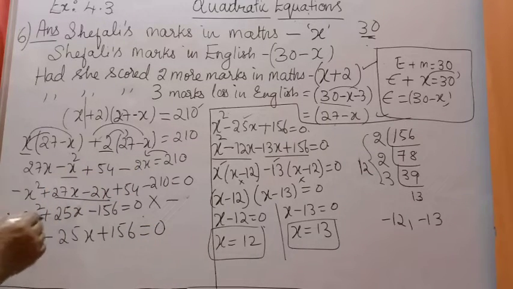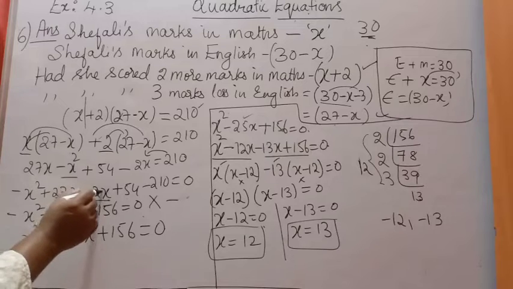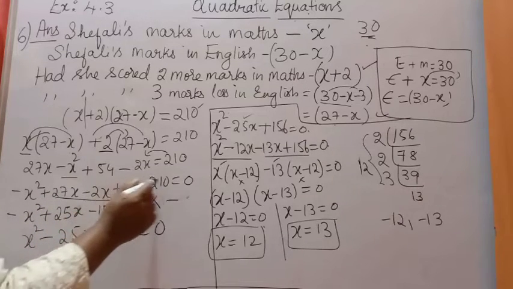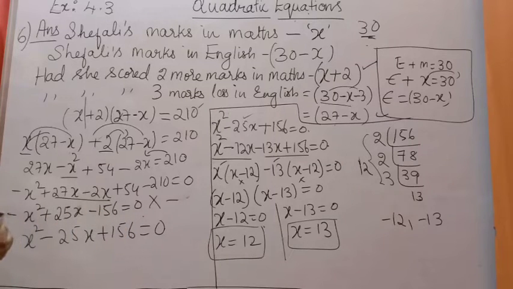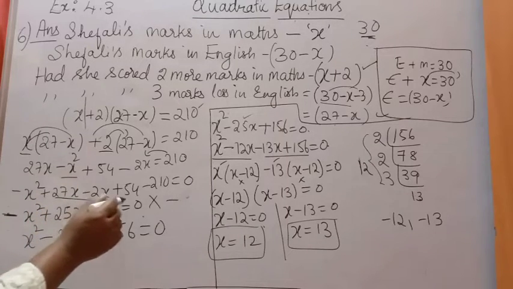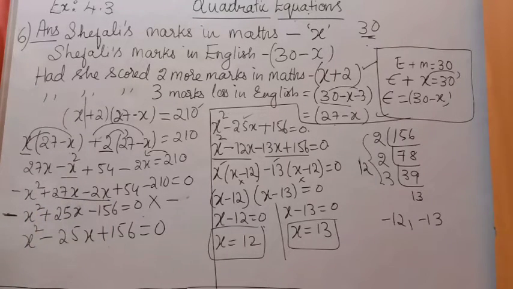Okay, next: minus x square, 27 minus 2 is 25x, 54 minus 210, if you subtract you will get minus 156, is equal to 0. Since you have minus in the first term, multiply with minus, you will get plus. Change the sign of all the 3 terms. Minus x square becomes plus x square, plus 25x becomes minus 25x, minus 156 becomes plus 156.